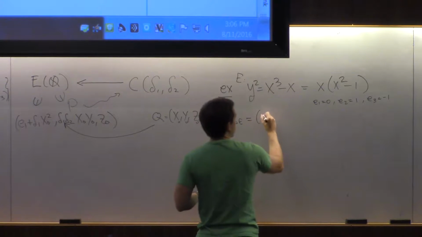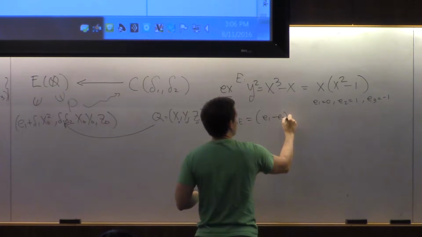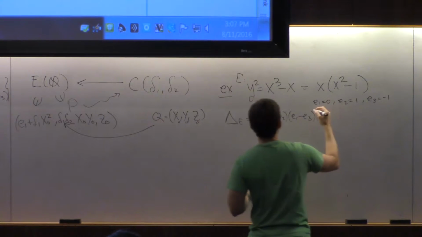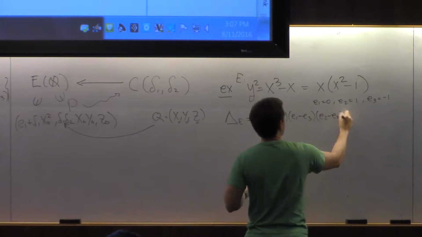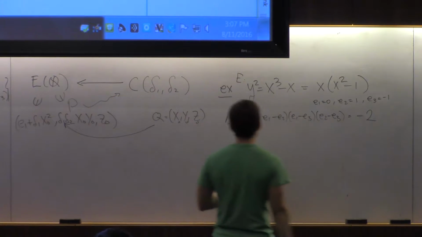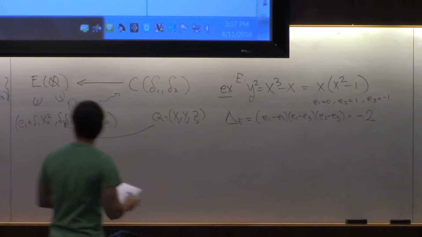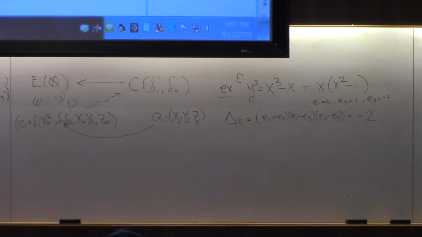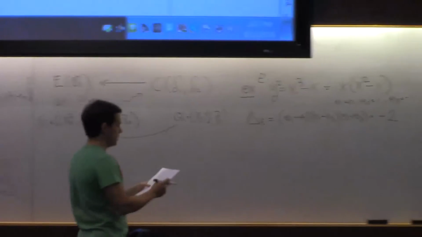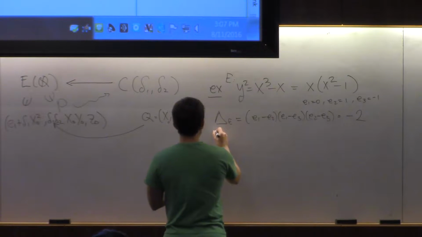The delta is (e1 minus e2)(e1 minus e3)(e2 minus e3), and that turns out to be -2. Then the primes that can divide that quantity are just the prime 2 and the prime infinity, meaning that I can put minus signs. Okay, so the place infinity.